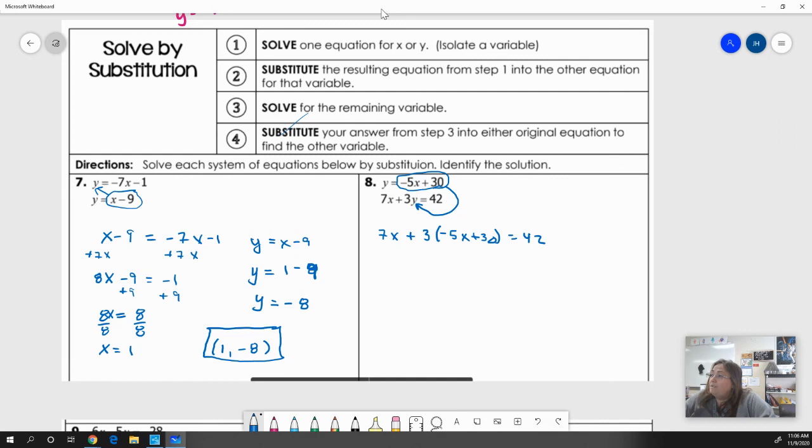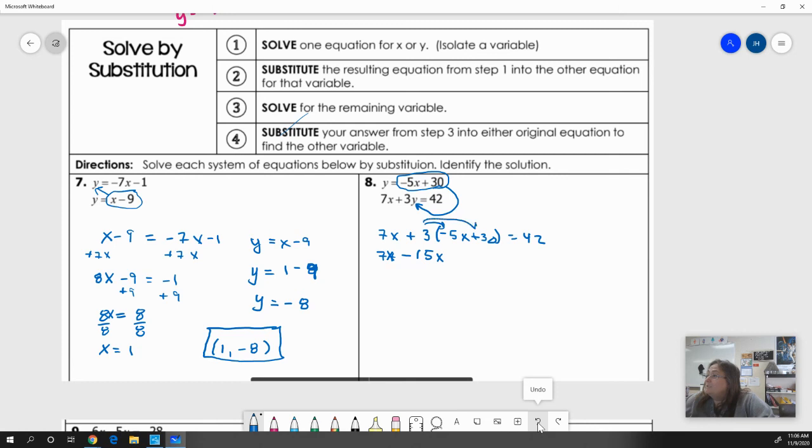I'm going to start with my distribution. I'm just going to leave this 7x, and then I have 3 times negative 5x. Well, that's going to be minus 15x when I multiply those two.